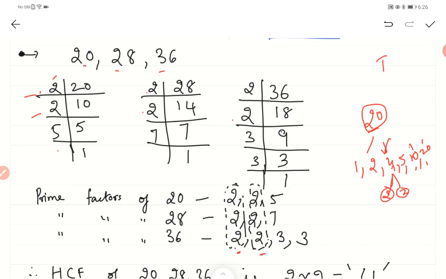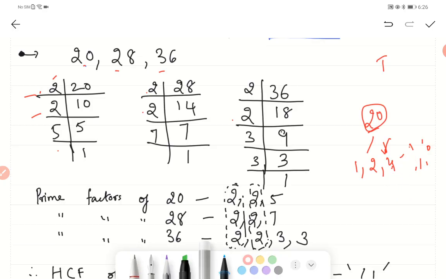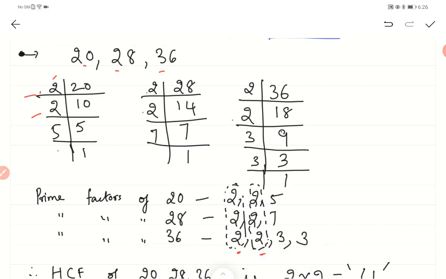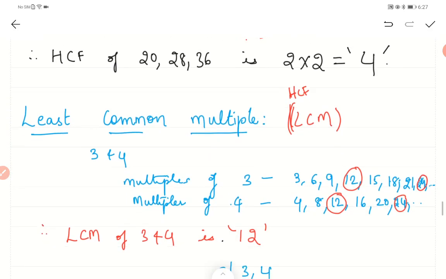When you can split a factor still more, it is not a prime factor. So like this, by using prime factorization, you can easily find your HCF by finding the prime factors of each number and getting the common factors from them.